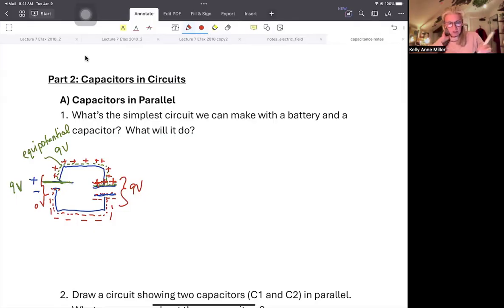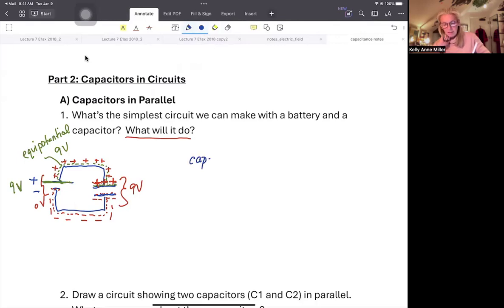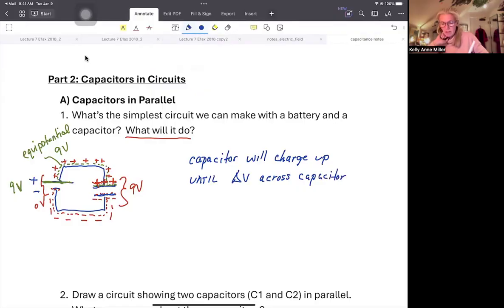So the capacitor will charge up until the potential difference across the capacitor is the same as the potential difference across the battery.